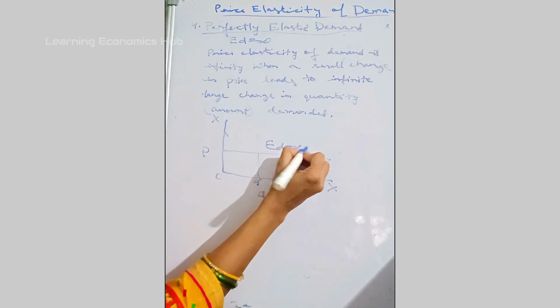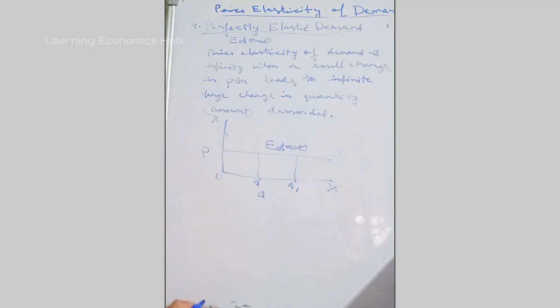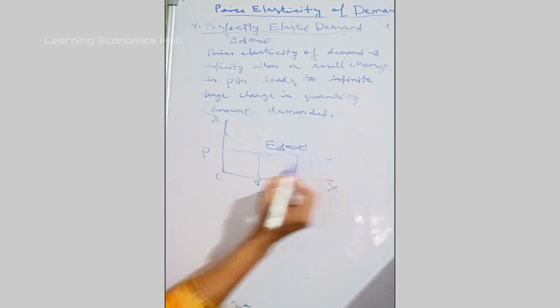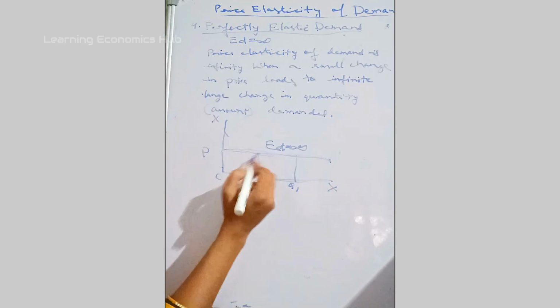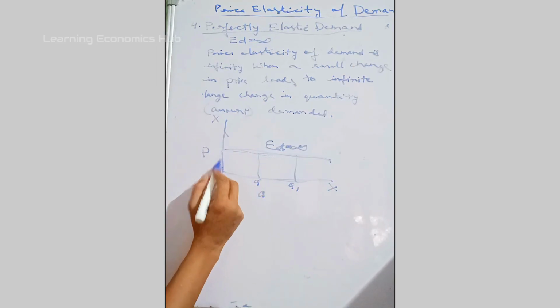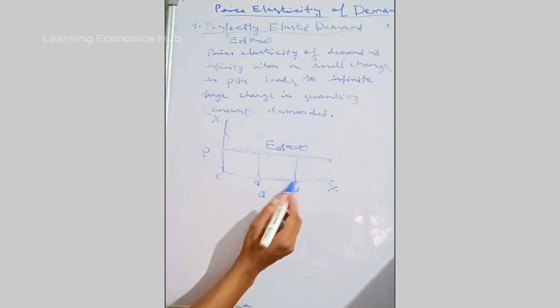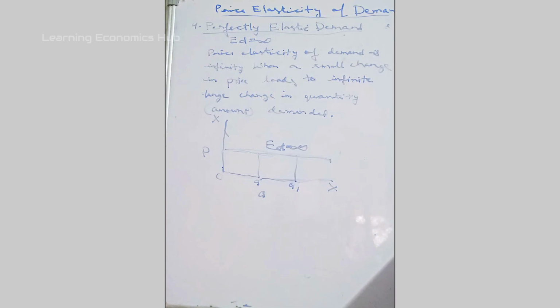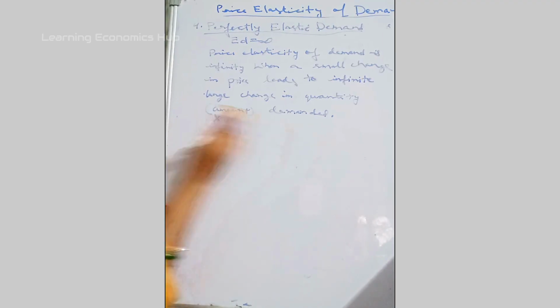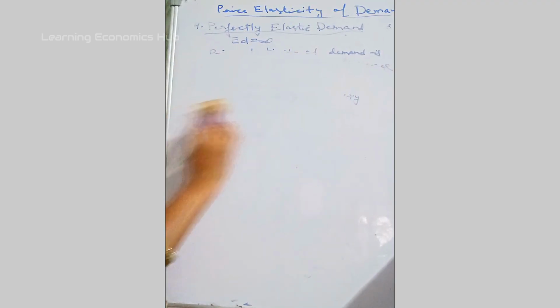ED is equal to infinity. This is a horizontal line. Price elasticity of demand is infinity when a small change in price leads to an infinitely large change in quantity demanded. Next and last price elasticity of demand is perfectly inelastic.